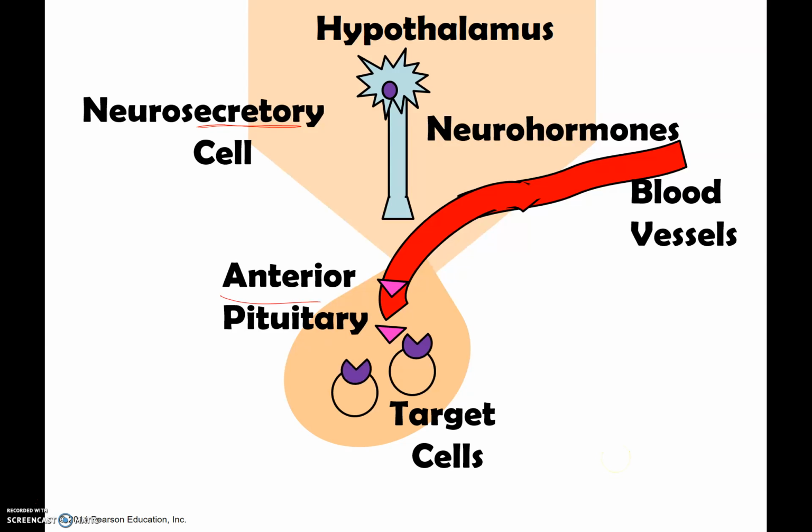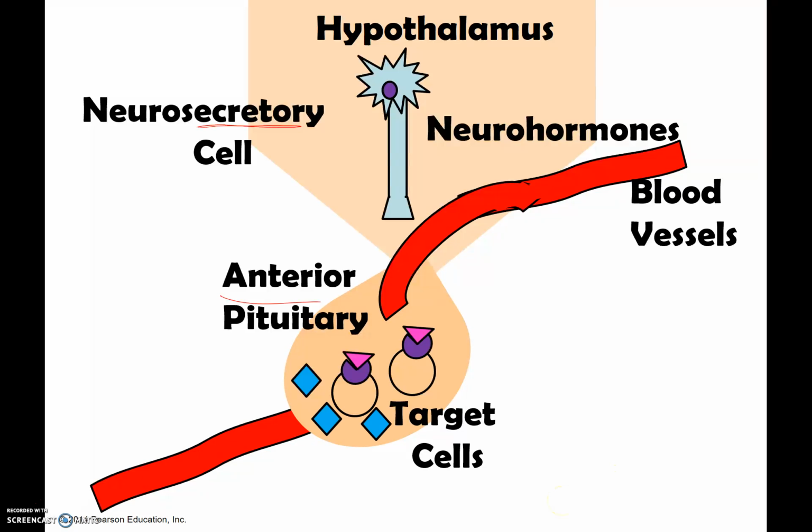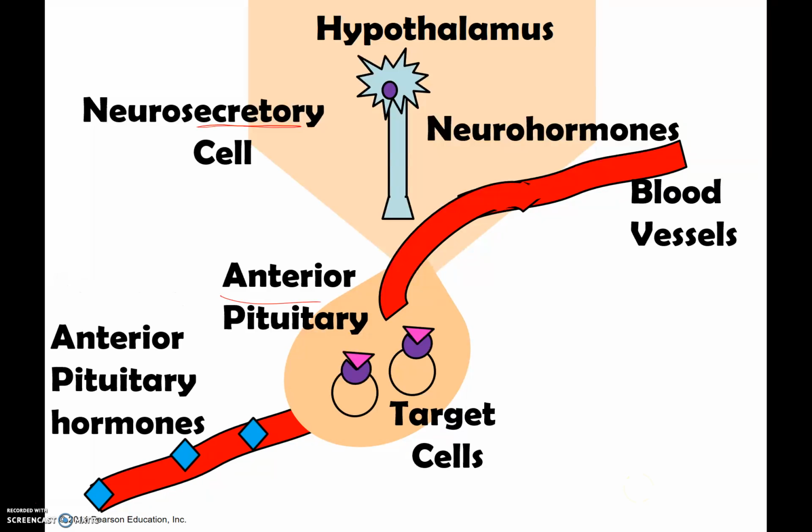So the target cells will receive the neurohormones, and then they're going to respond, right? When that ligand attaches to these target cells, you're going to have a cellular response. And as luck would have it, the cell response is to make new hormones. These hormones will travel in the blood to the rest of the body.